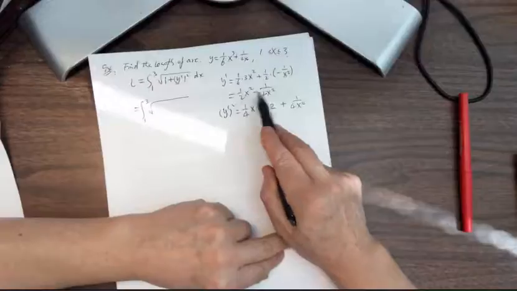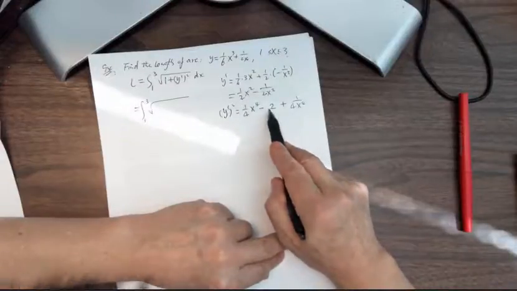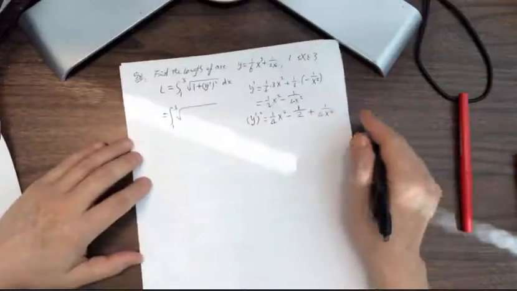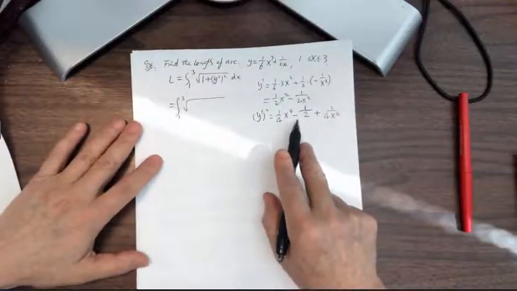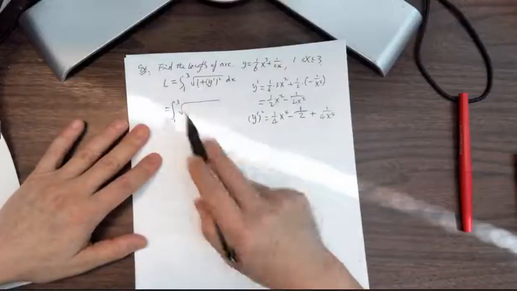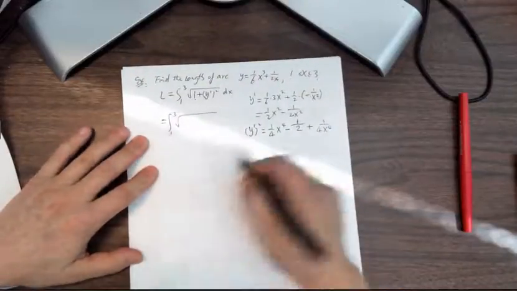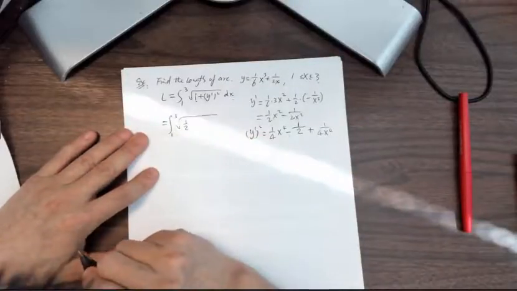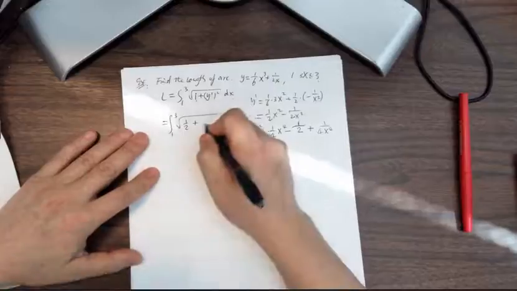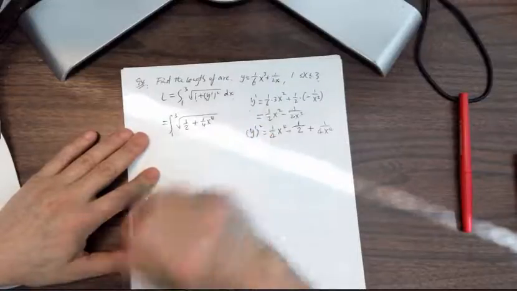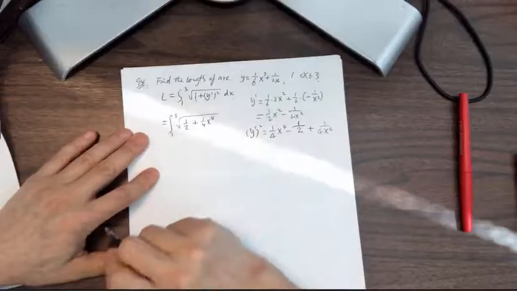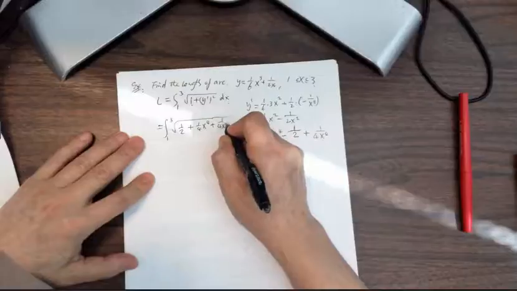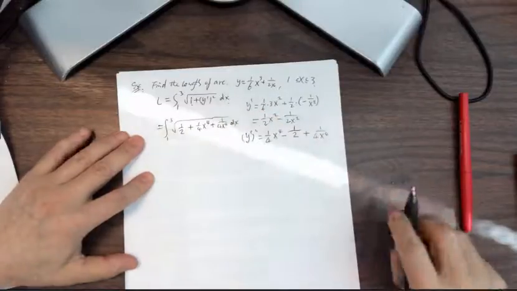The product of these two was 4 on the bottom with the 2, so it's actually 1/2. Sorry about that. Okay, so now let's plug in. Again, there's a 1, there's a negative 1/2, so together it will be plus 1/2. Therefore, we have plus 1/2 plus 1/4x to the 4th power plus 1/4x to the negative 4th power dx.